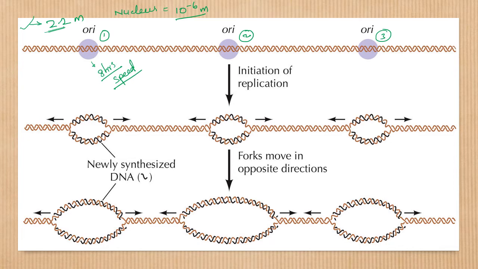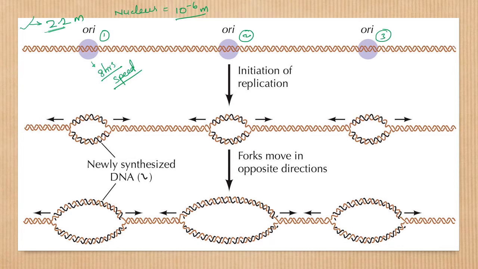Multiple origins accelerate the speed of the replication process. As a result, it completes very quickly. Otherwise, it would take 100 times these 8 hours, that means 800 hours to complete the DNA.